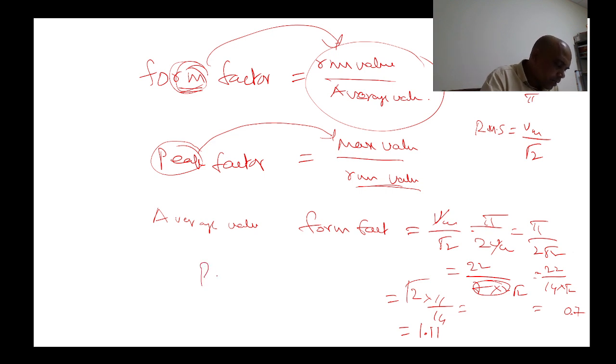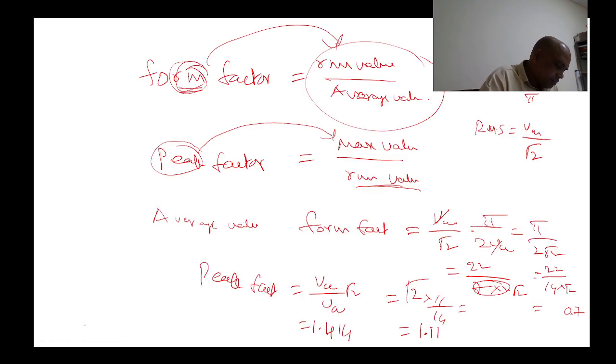Coming to the peak factor. Peak factor equals maximum value Vm by RMS value Vm by root 2, which is 1.414. So what conclusion can you give? The average value is 2 Vm by pi and the RMS value is Vm by root 2.